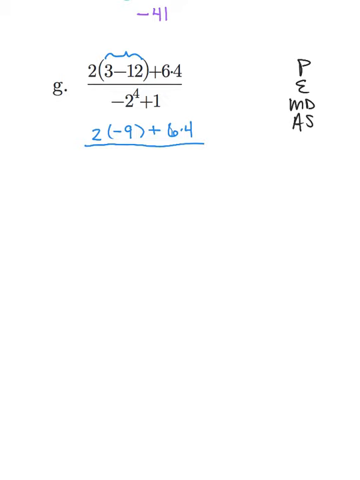So now let's go down to the denominator and see what we can do there. On the denominator, the first thing we want to do is exponents. Now, be very careful because in the last section, remember that we talked about negatives being inside and not inside parentheses. Note that there are no parentheses here. The negative is not inside parentheses, which means that the exponent is not acting on the negative.